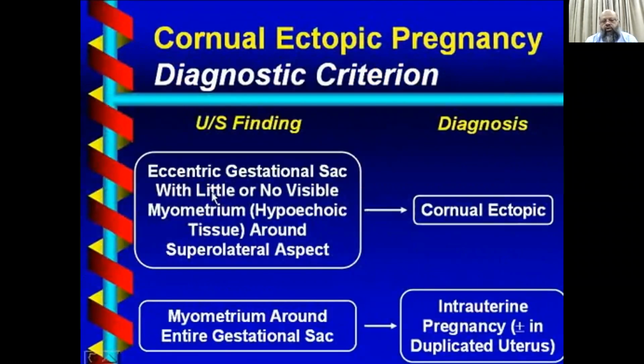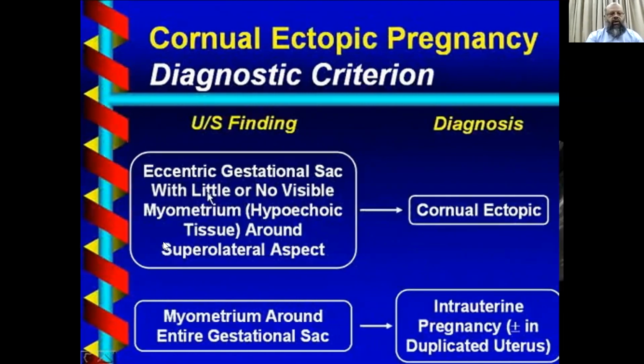The diagnosis will be cornual ectopic. The myometrium is around the entire gestational sac in intrauterine pregnancy in a duplicated uterus.